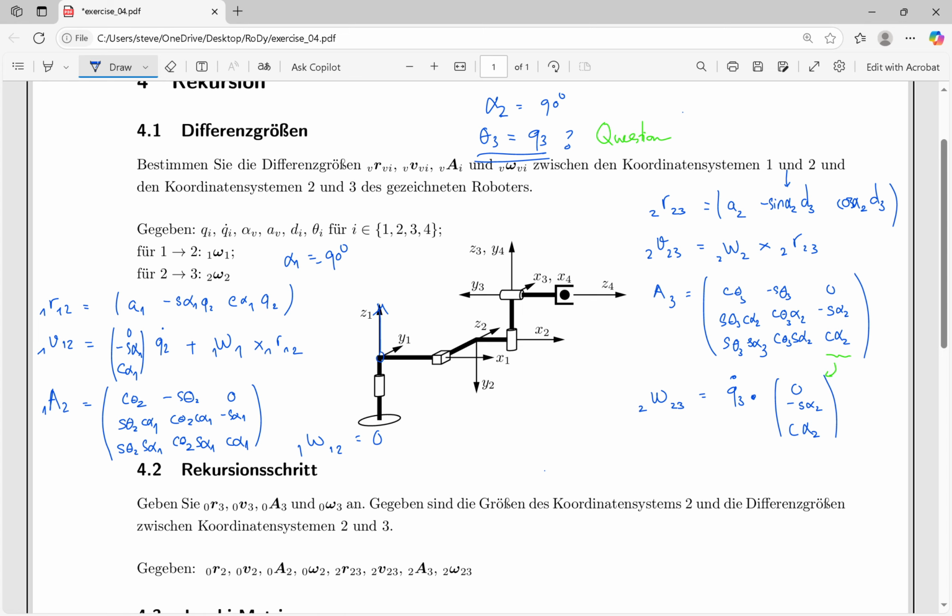So, as a sanity check, in the z direction of 1, the coordinate of the second axis is 0. So it doesn't move in the z direction of 1. In the x direction, it's a1, which also makes sense. And in the y direction, it's negative q2.